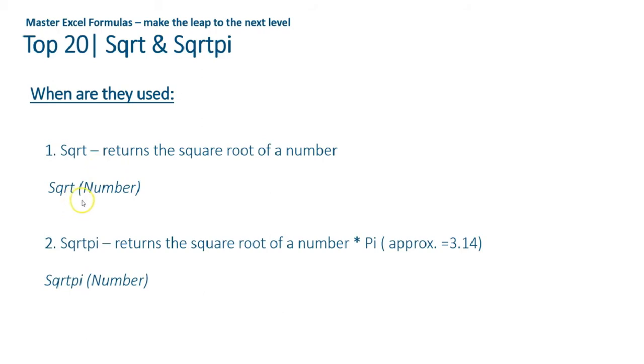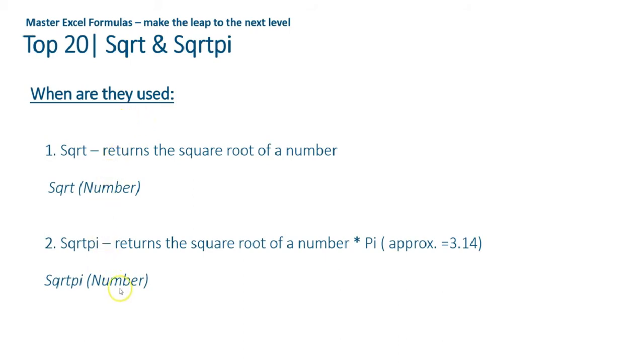The structure is you purely have to type in the formula and then enter a number inside the brackets, whereas Sqrt pi does return the square root of a number, but before giving you the final outcome, it actually multiplies it by pi. The approximate value of pi is 3.14. The structure is the same as the Sqrt number.